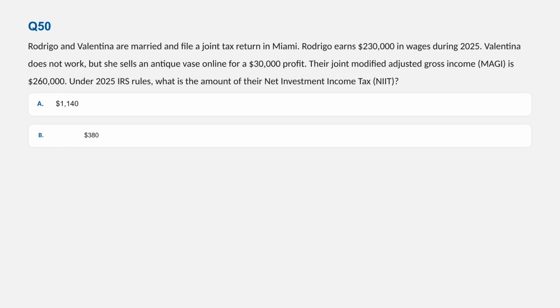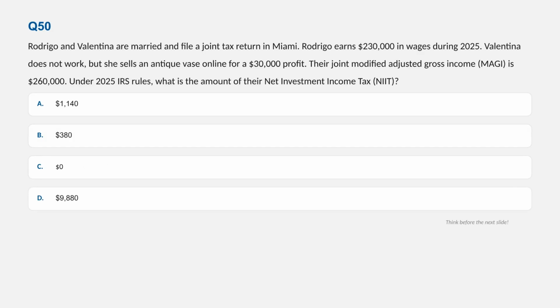Great, now let's move to our next question. Alright, let's move to question 50. Rodrigo and Valentina are married and file a joint tax return in Miami. Rodrigo earns $230,000 in wages during 2025. Valentina does not work, but she sells an antique vase online for a $30,000 profit.